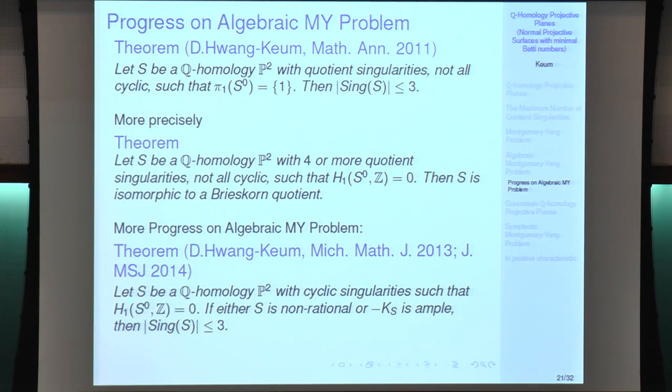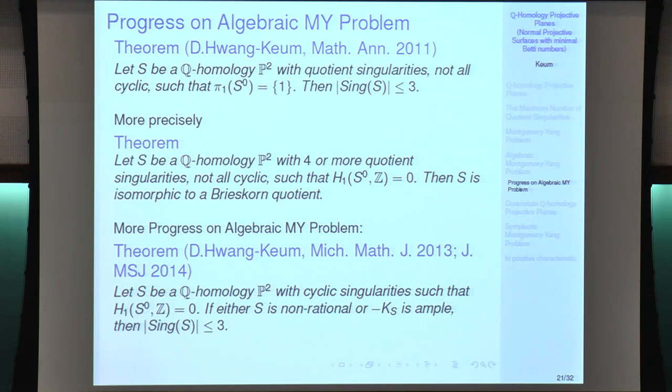And more progress on the algebraic Montgomery-Yau problem. Now we assume that S is a Q-homology P2 with cyclic singularities only, such that the first homology is trivial, which is weaker than this condition. And if either S is non-rational or negative K_S is ample, then the conjecture holds.